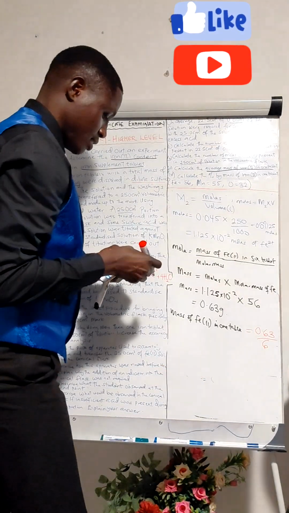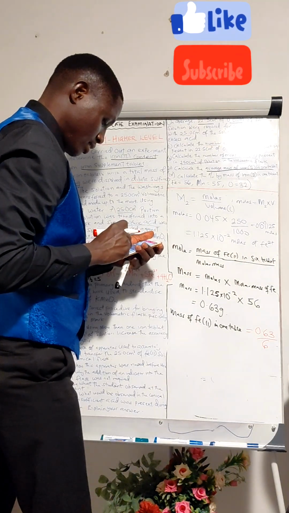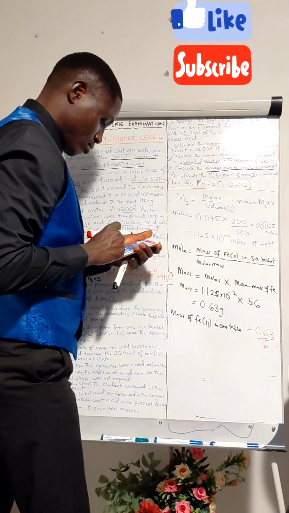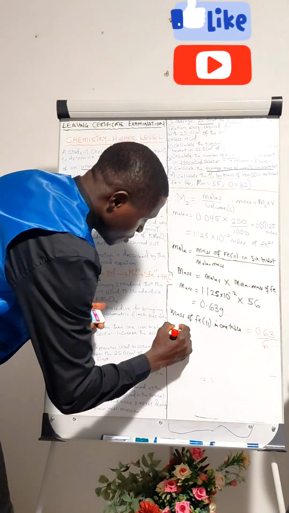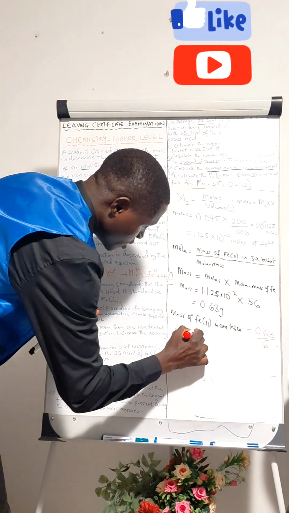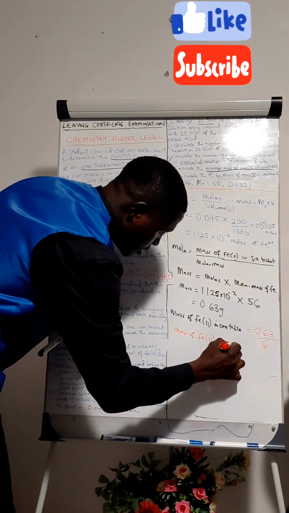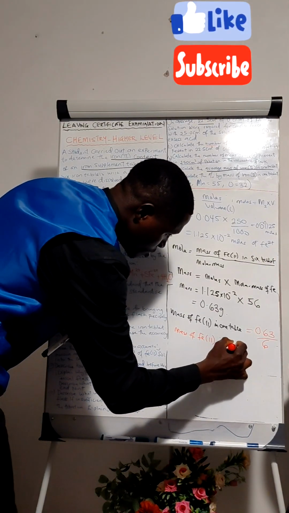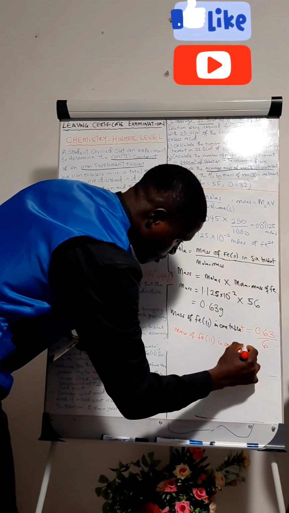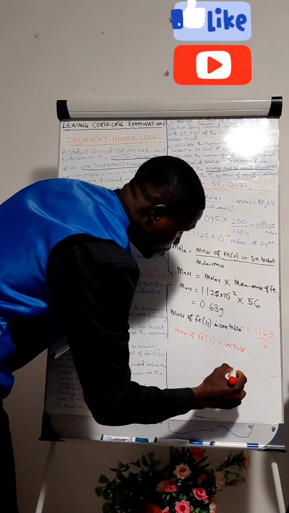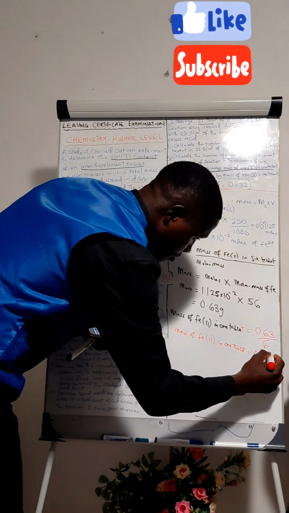It's as simple as that. 0.63 divided by 6 is around 0.1. So the mass of iron 2 in one tablet is going to be 0.105 gram.